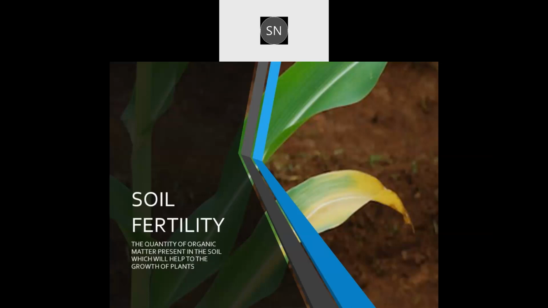So here, soil fertility means the quantity of organic matter present. How we calculate soil fertility: we count the organic matter in that particular soil, which will help in plant growth. If you touch on the amount of organic matter present in soil, that is good enough, you can get 2 marks.